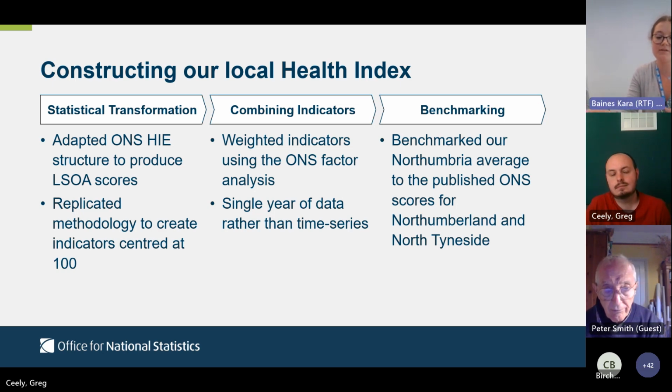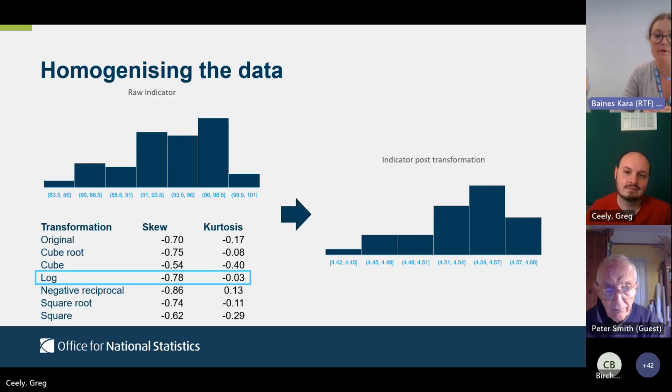So next slide, please. I'm mindful that Greg did quite a lot of the methodology talk, so I tried to pick up a piece that he'd not talked about, which was more on how we homogenise the data. When we think about that statistical transformation, if you're mathematicians, you may know that, well, from my experience, definitely, we love the normal distribution, that bell-shaped curve, but unfortunately, data is rarely like that. On the left-hand side here, we have the raw indicator, and you can see it's got a right-hand side peak where the skew is and a left tail.